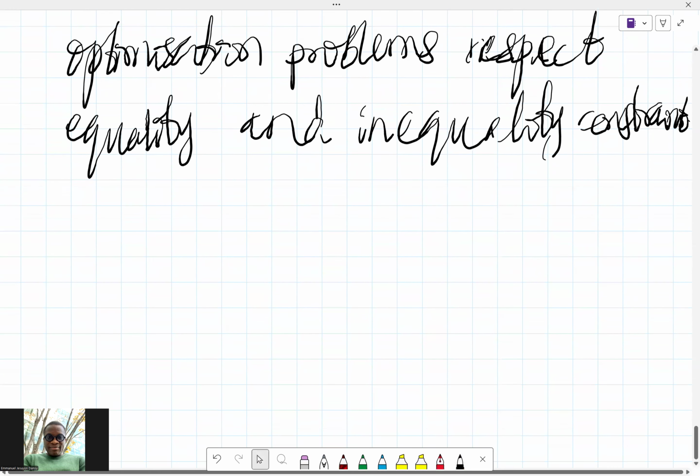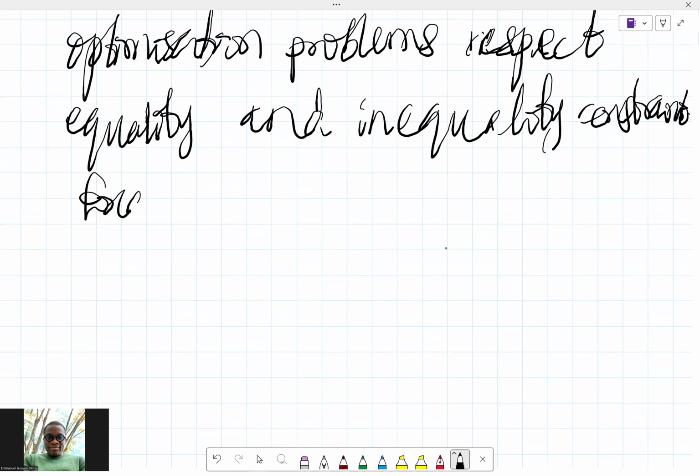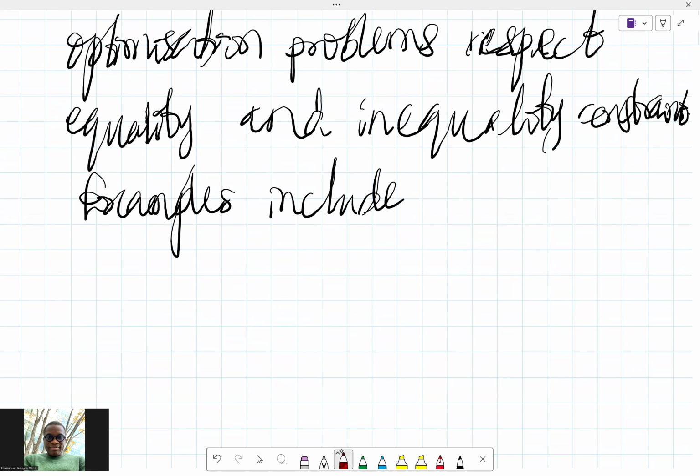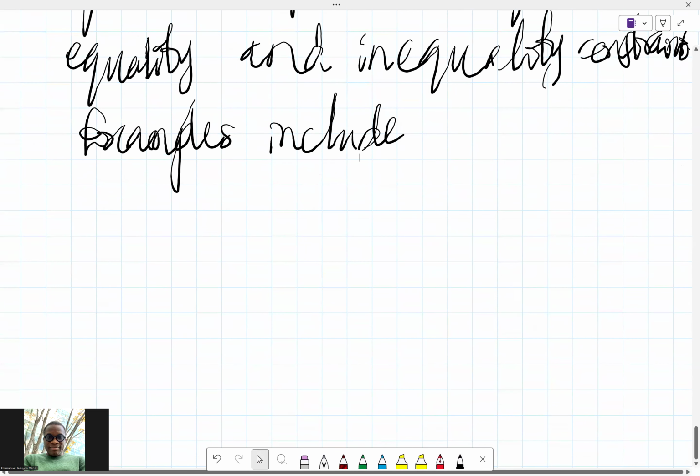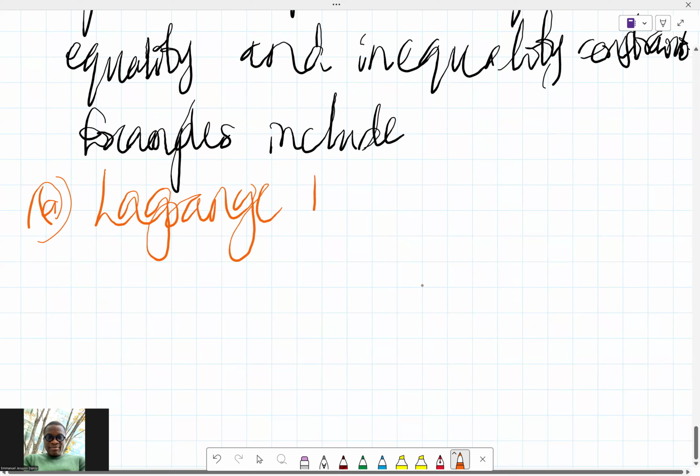Examples include the very important concept of Lagrange multipliers.